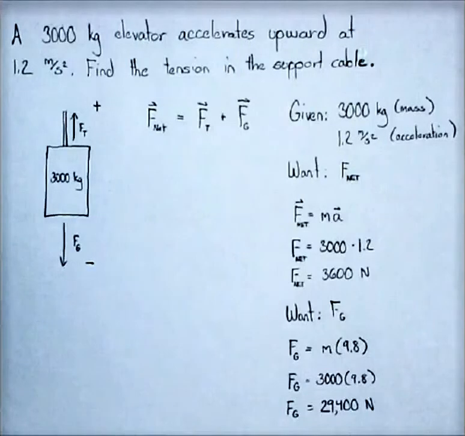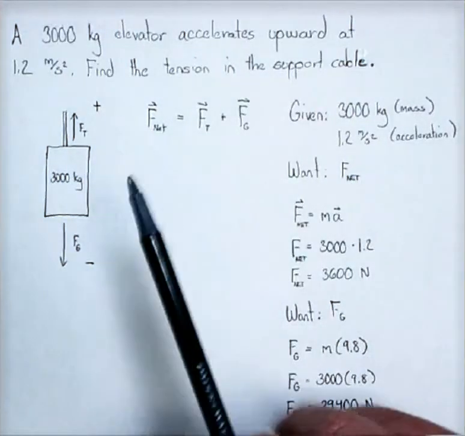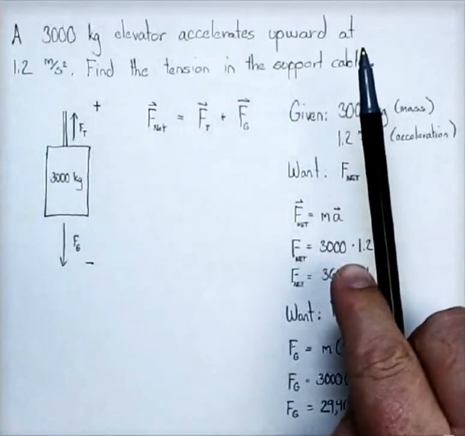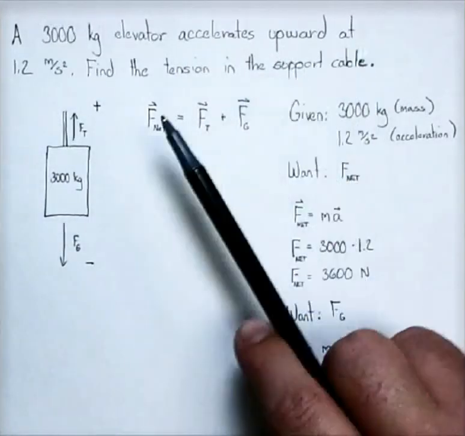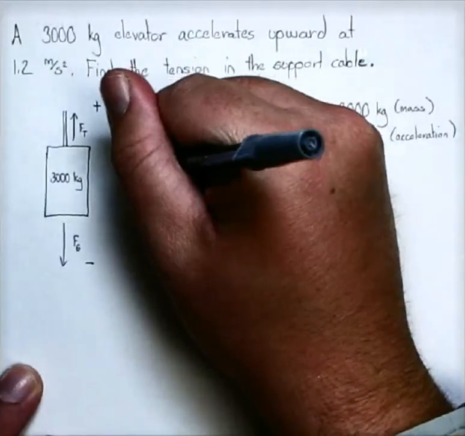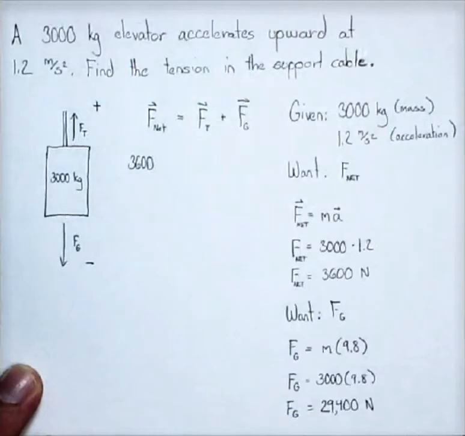It's just as correct to say the other way around. It's really just what you prefer. Now, I know my net force is going to be upward. The reason I know this is that the elevator accelerates upward, and the net force is always in the same direction as the acceleration. So my net force is positive. So I can write that in.